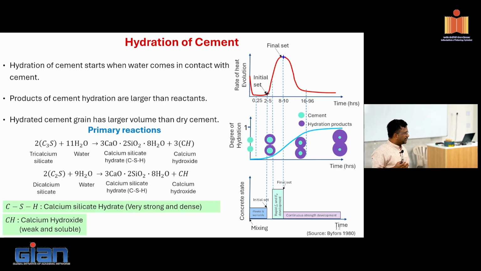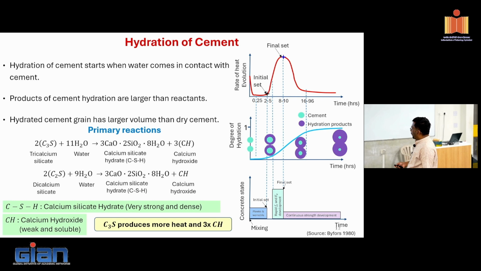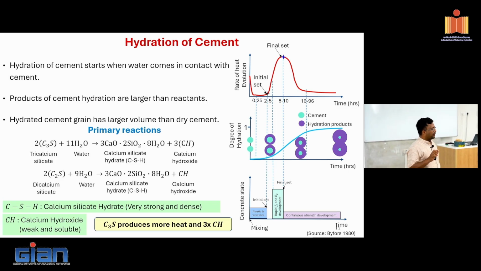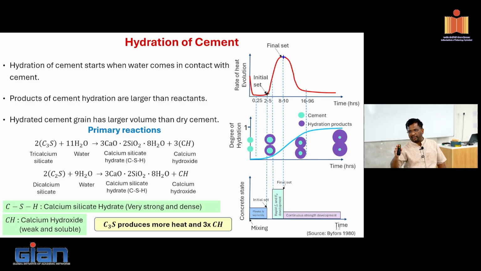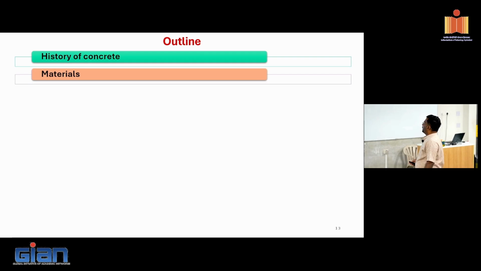It is basically the leaching of the calcium hydroxide. So what we try to do is, whatever calcium hydroxide, which is a weak and soluble product, is in the system, I want to convert this into additional calcium silicate hydrates. How do we do that? That's what I told you: supplementary cementitious materials help you in achieving that. Okay.